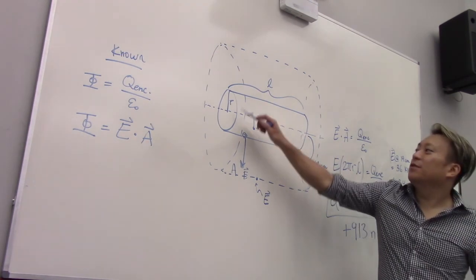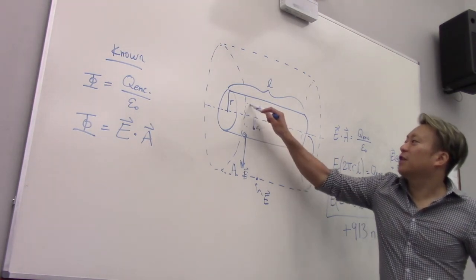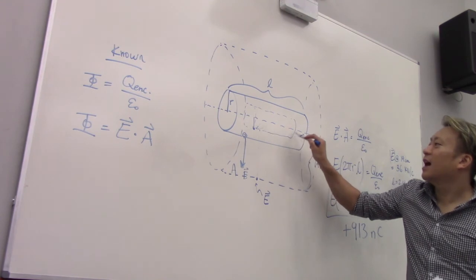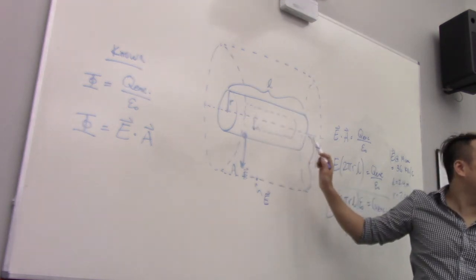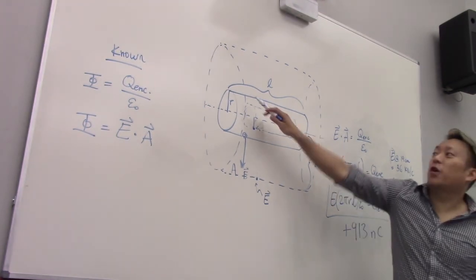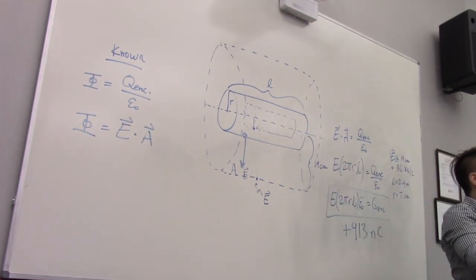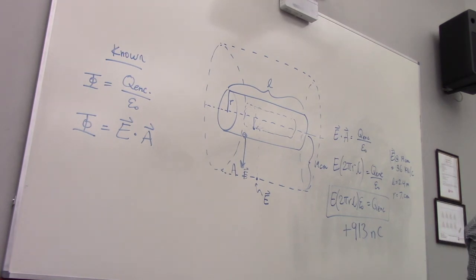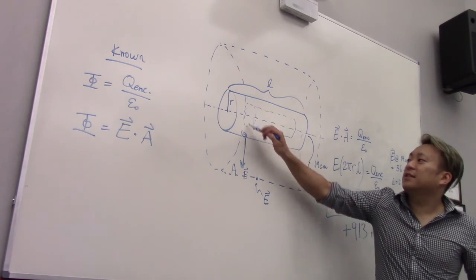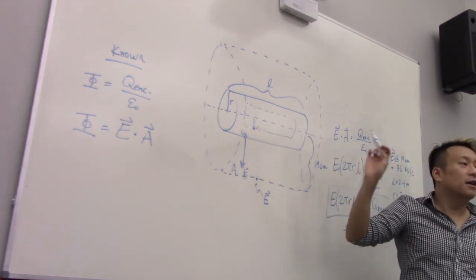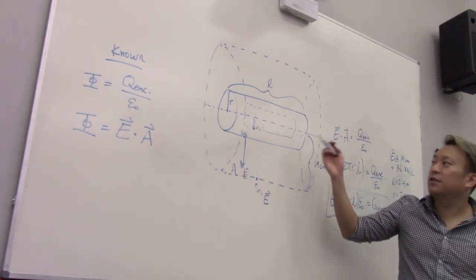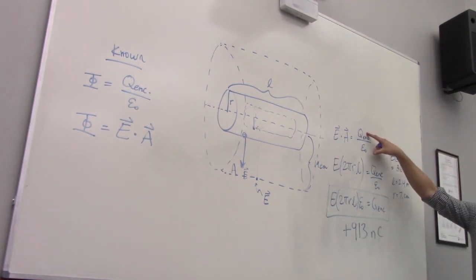Well, if I were to draw a hypothetical Gaussian surface, what is that small cylinder enclosing? It's not enclosing any charge at all, because all the charge was on the surface, since I said it was a cylindrical shell. So this Gaussian surface is enclosing no charge.